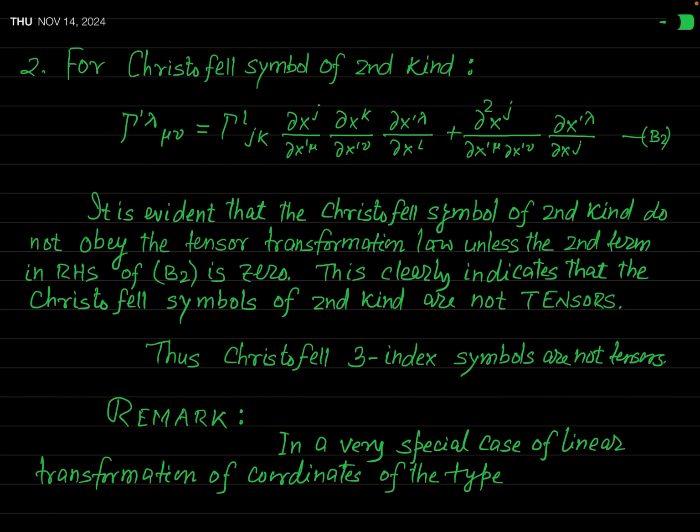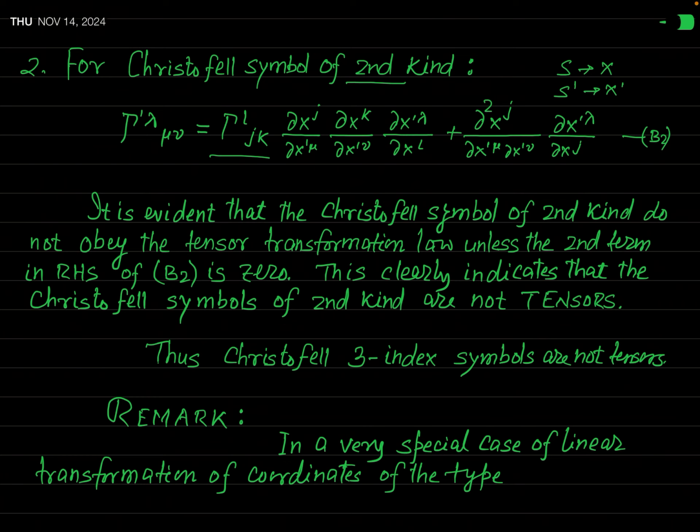Now you can see the transformation law followed by the Christoffel symbol of second kind. You can see this gamma LJK. These are the Christoffel symbols in a coordinate system, let us say S, in which the variables are x, and the second is S prime, in which the coordinates are x dashed.